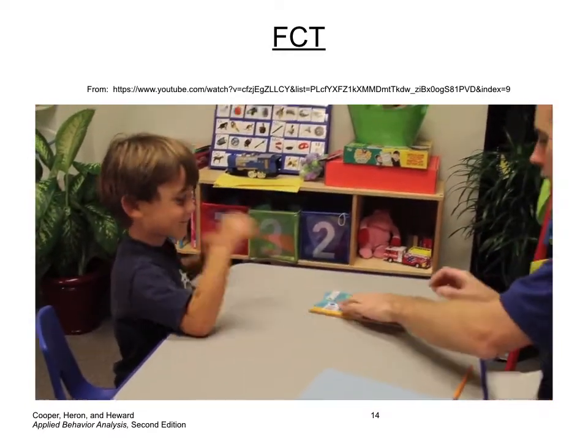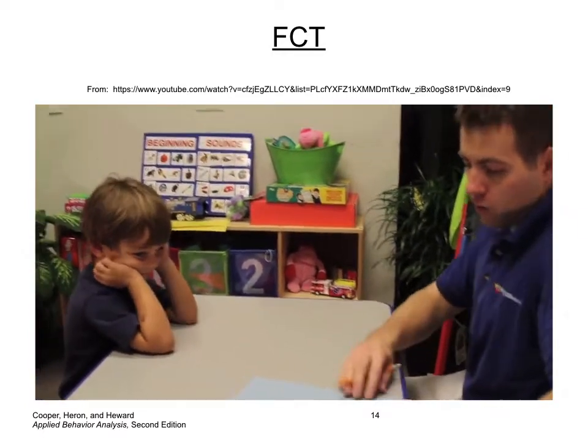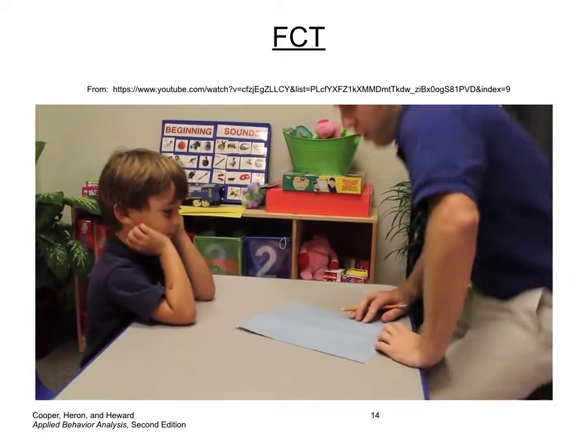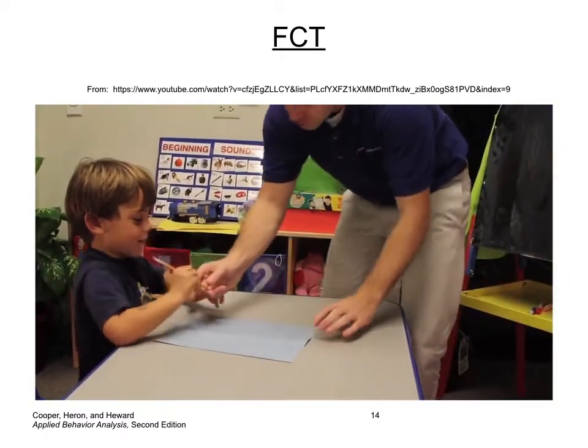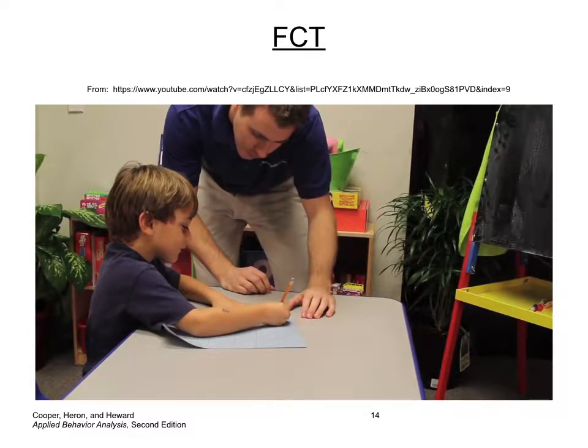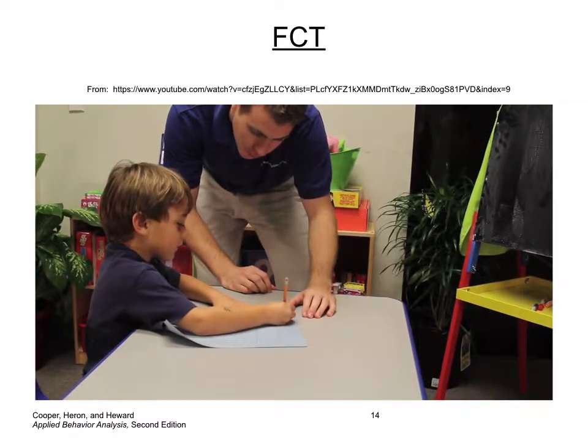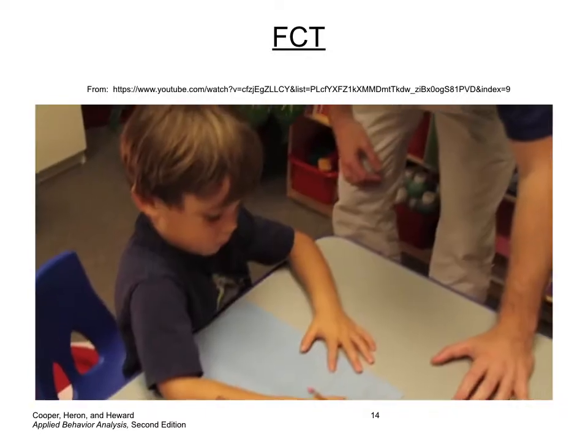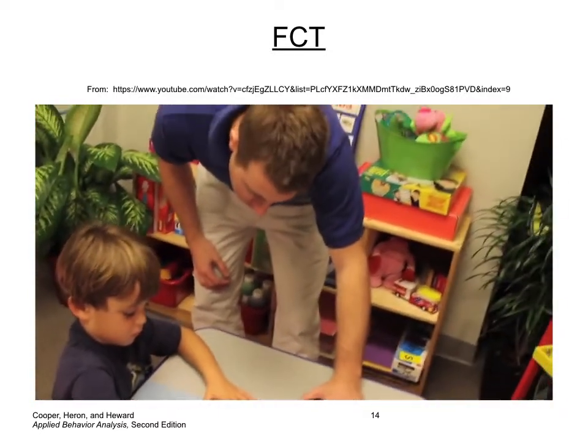Yeah, that's good. All right, we're going to try to do our work now. Okay, let's trace our sheet. Can you trace it for me? That's very good tracing. You're doing such a great job.